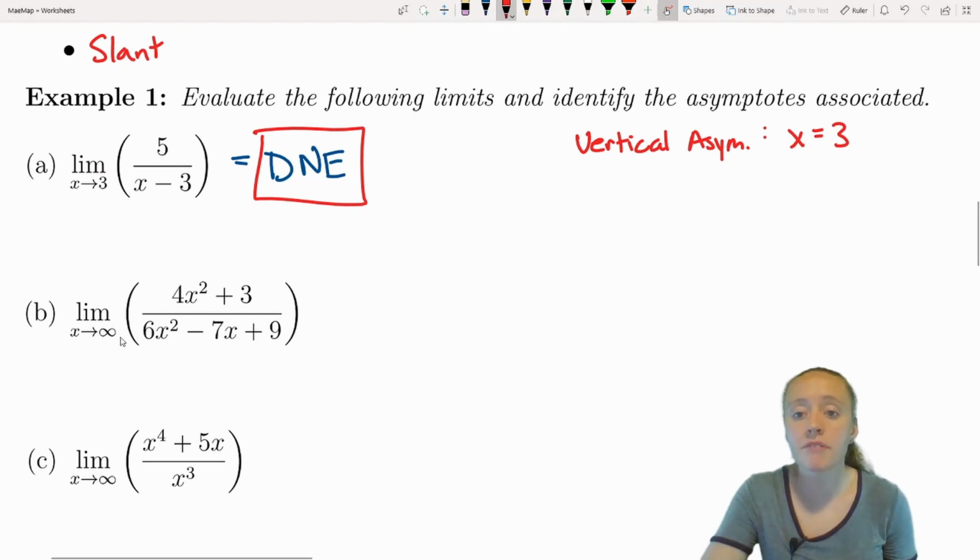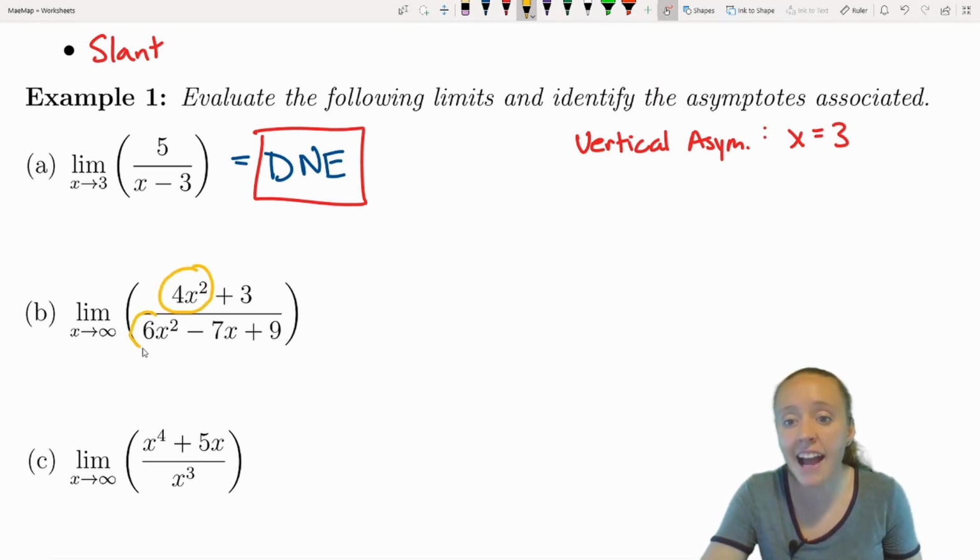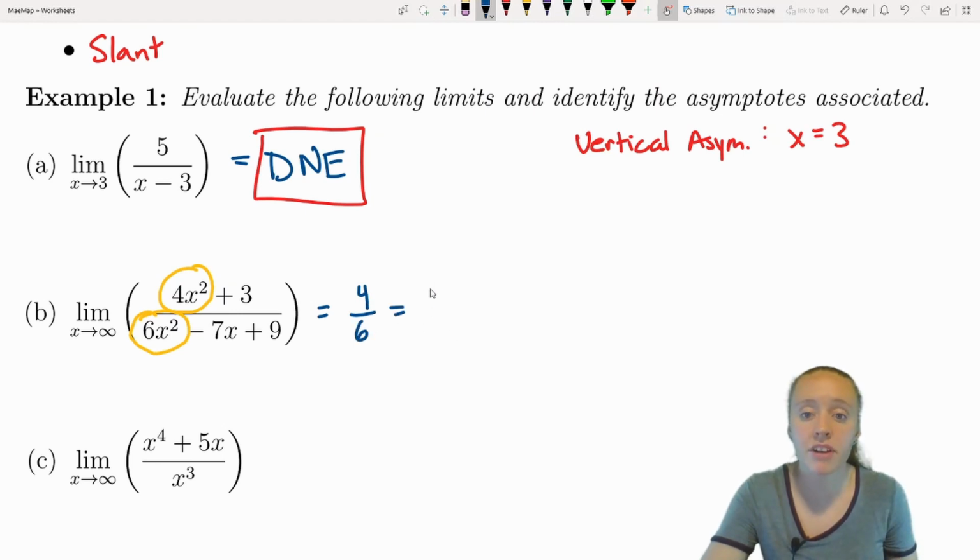If I took the limit of this function as x approached infinity, let's look at my degrees, because that's what's important in this. My degree of my numerator is the exact same as my degree in the denominator. So because my degrees are the same, recalling from that previous worksheet, we're going to take the coefficients. So this is going to be equivalent to 4/6, which simplifies down to 2/3.